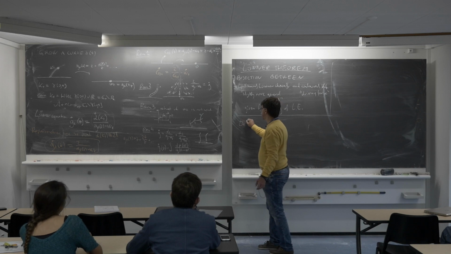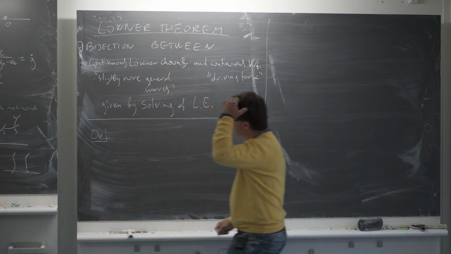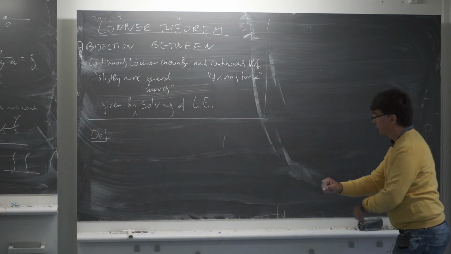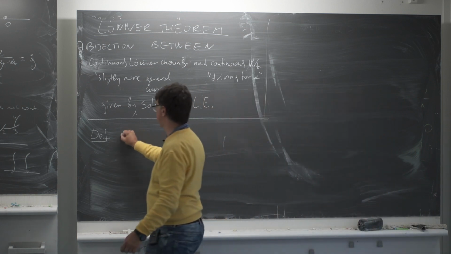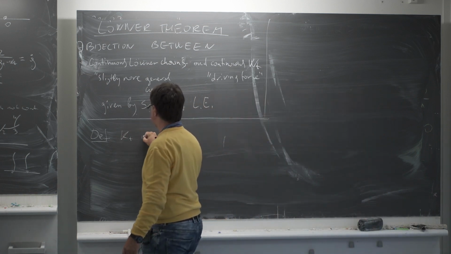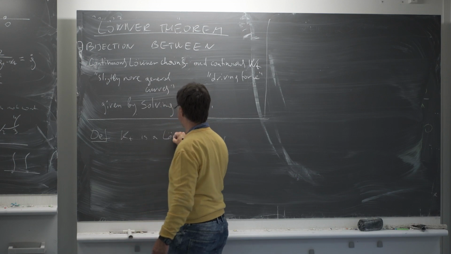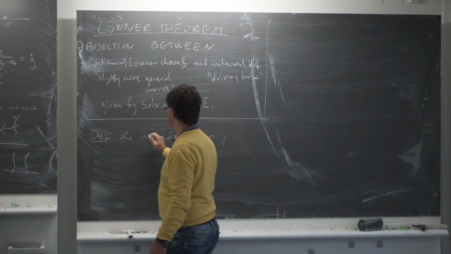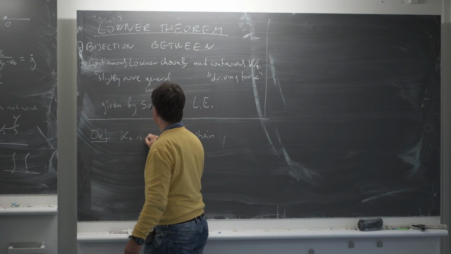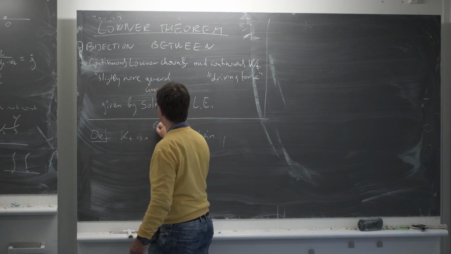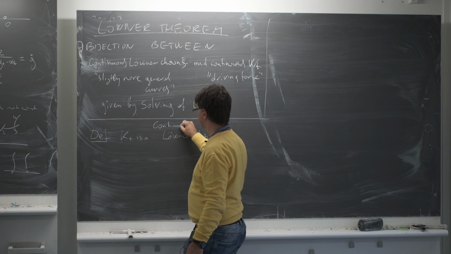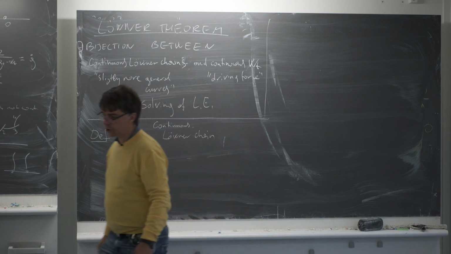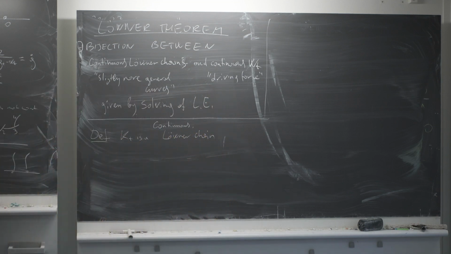Okay, the definition is very easy, so I'll just say the definition. K_t is a continuous Loewner chain if there are two properties.